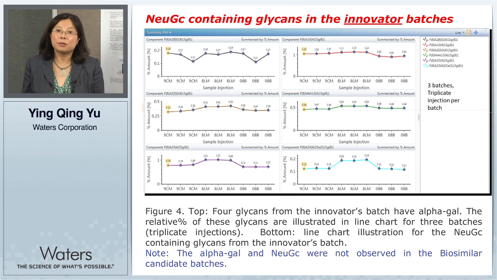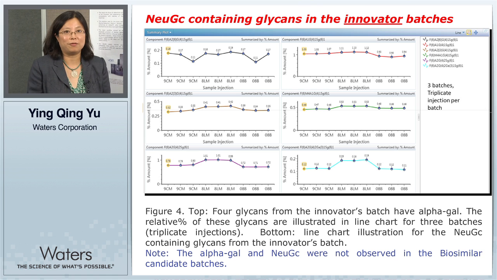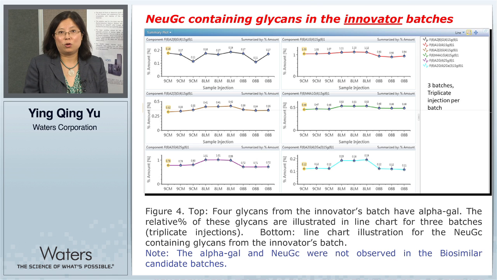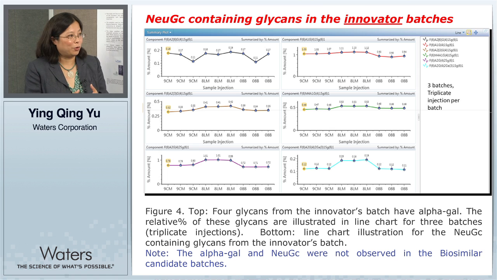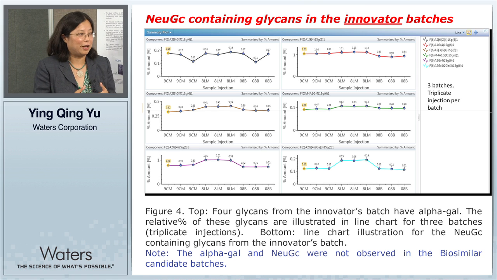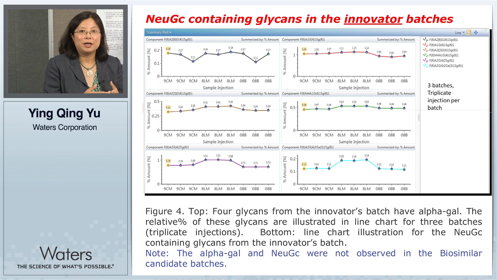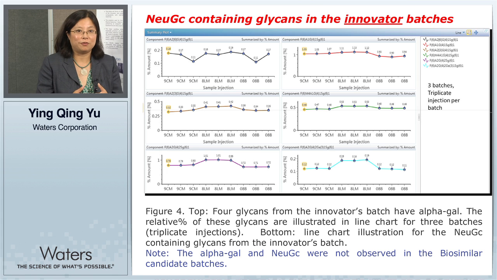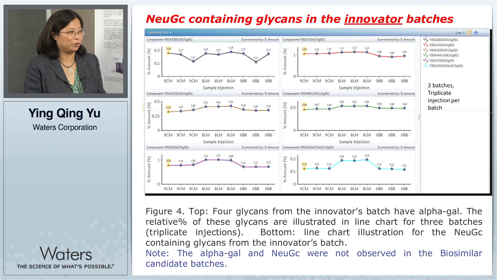Now for the biosimilar Infliximab, what we see is very typical human monoclonal antibody glycans. There's nothing unusual about the biosimilar, which is actually a good thing for sponsors, because when they become a little more sophisticated and start developing biosimilar drugs, they choose cell lines that cause fewer problems in terms of immunogenicity of the protein.